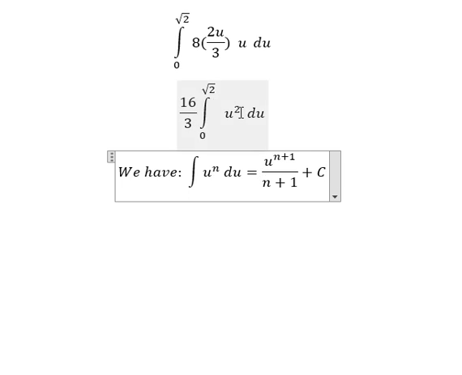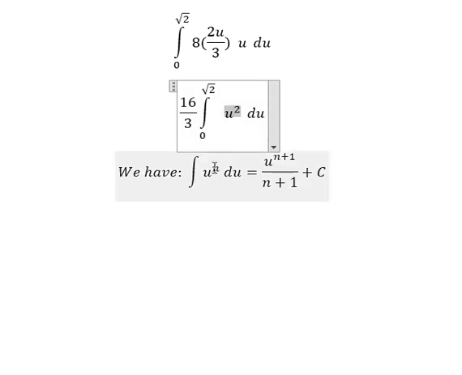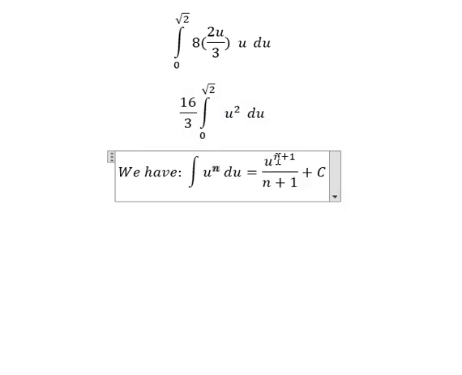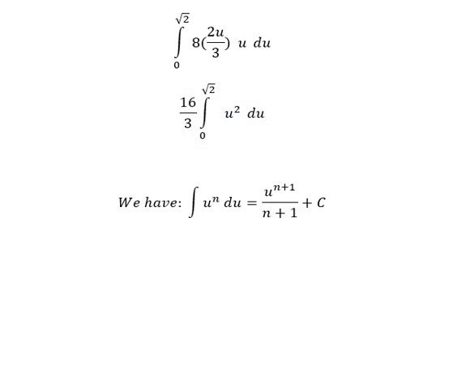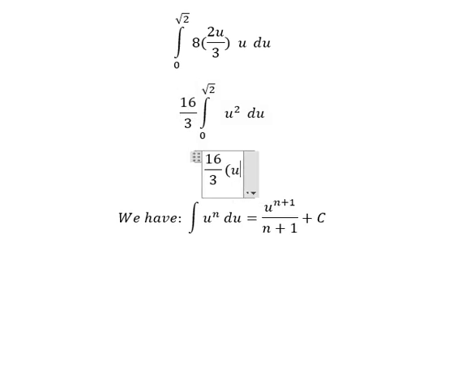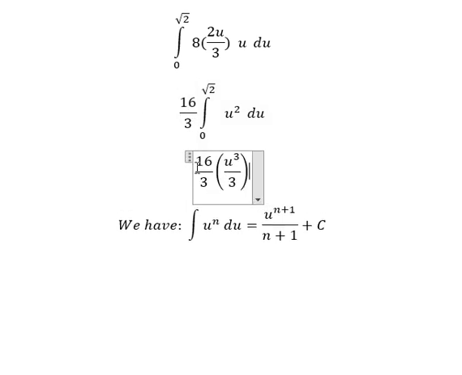So the integration of u squared, we have u to the power of 3 over 3. So we put 2 in here, and we have 2 plus 1, we have 3. And we put the bounds from 0 to the square root of 2.